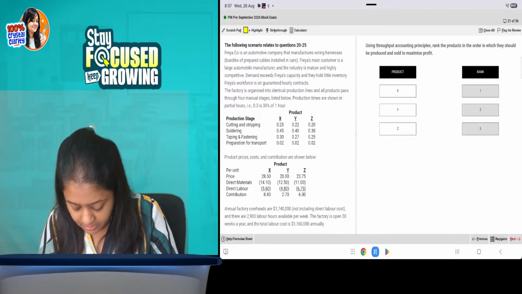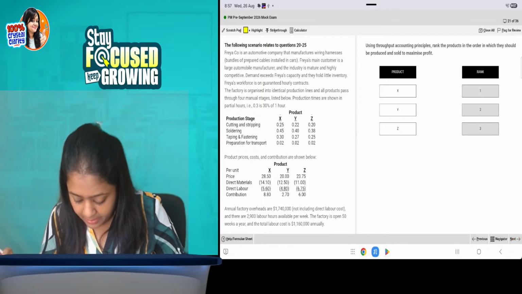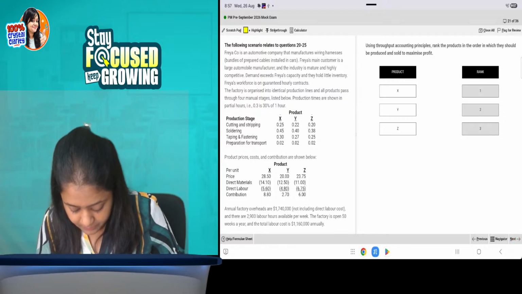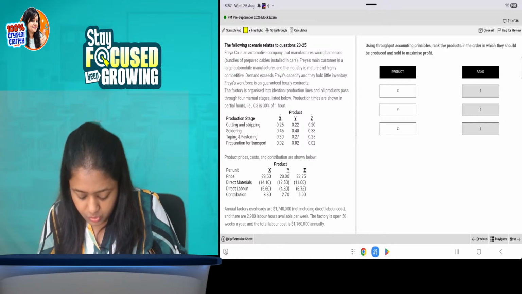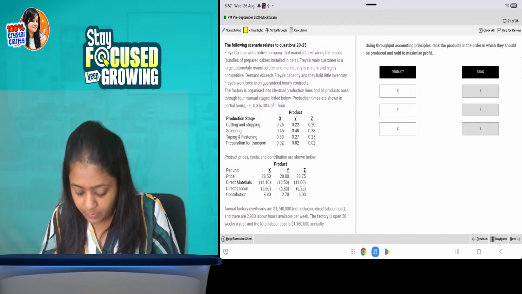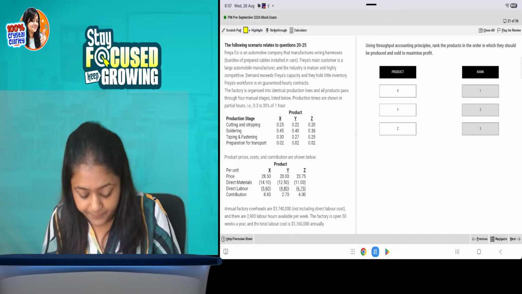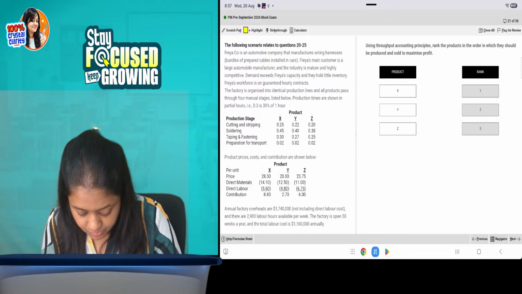Now what is the scarce resource here? So let's find it out. Here I have a total of 2900 labor hours in a week only. So let's do the calculations now. Cutting, stripping, and you multiply it with the hours and just see which is the scarce resource here. The question is not giving you anything else.